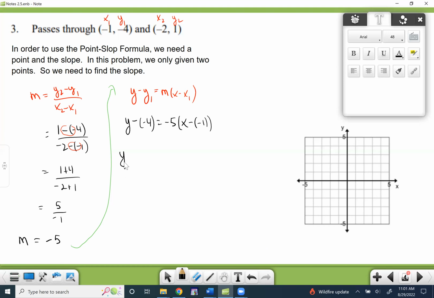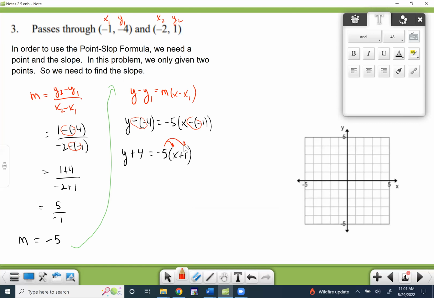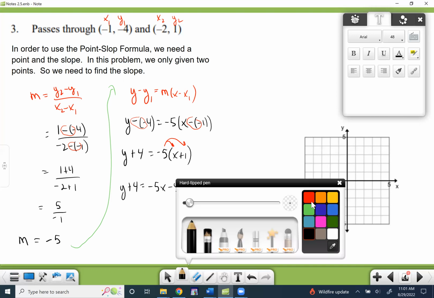So the minuses will become pluses. So this is y plus 4 equals negative 5 times x plus 1. All of these minus a negative will become pluses. We're going to distribute -5 into these, and then subtract the 4 over.